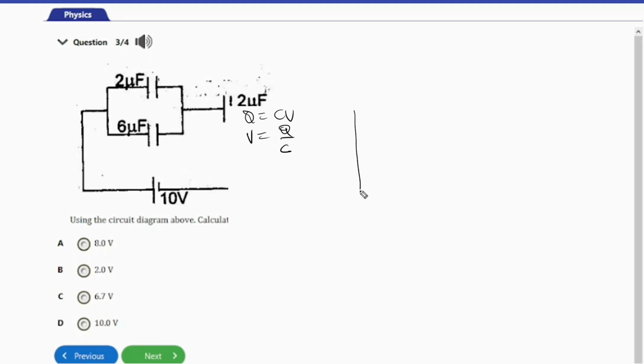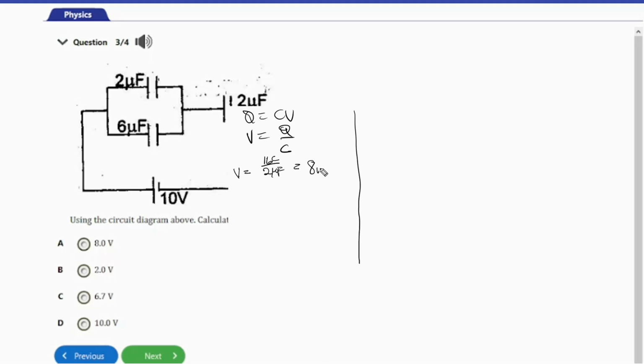So in that case, to find the voltage across this 2 microfarad capacitor in series here, we divide the 16 microcoulombs by 2 microfarads. We are going to have 8 volts here.